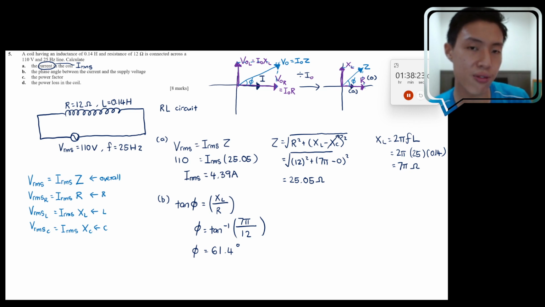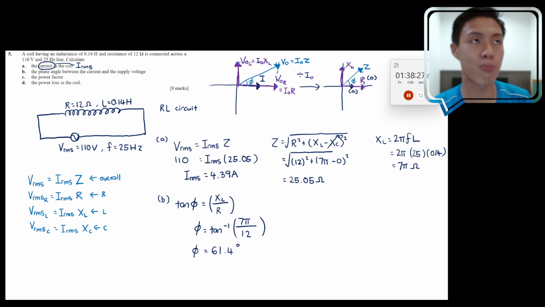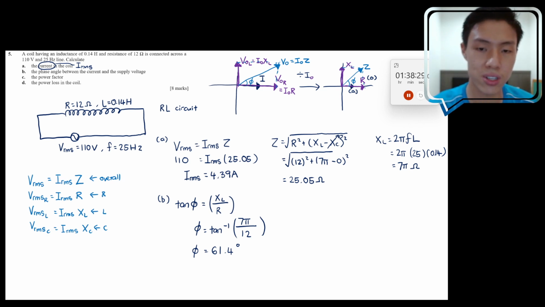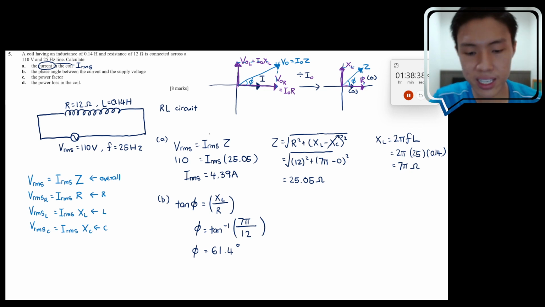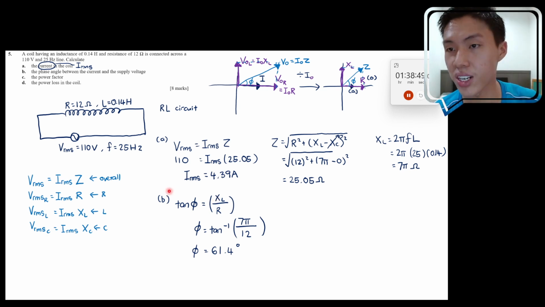If it's negative, then the current is the one leading. So for me, the negative or positive sign is important, so I keep it. But certain lecturers prefer the modulus because they just need the value of the angle without the sign. XL here is positive because it's pointing upwards. If it's XC, it's negative, then you have to put negative XC.